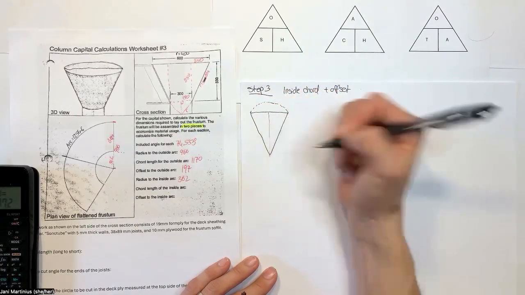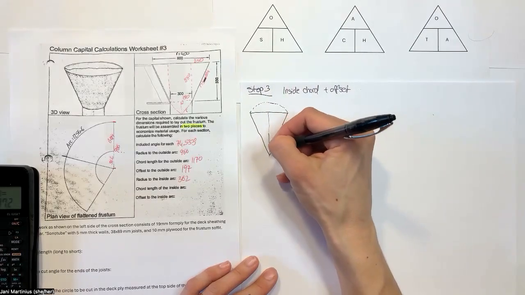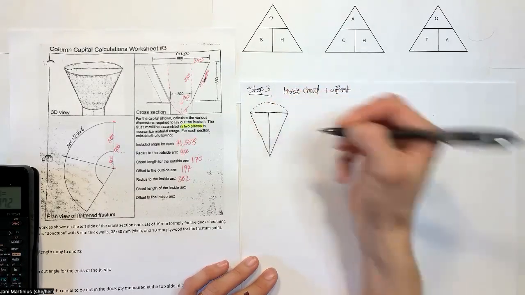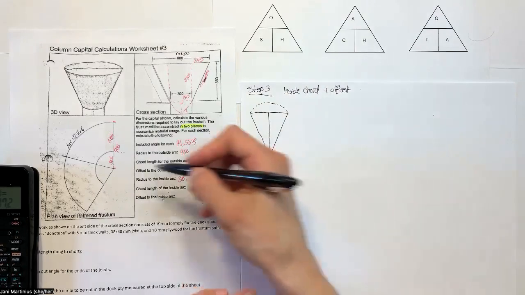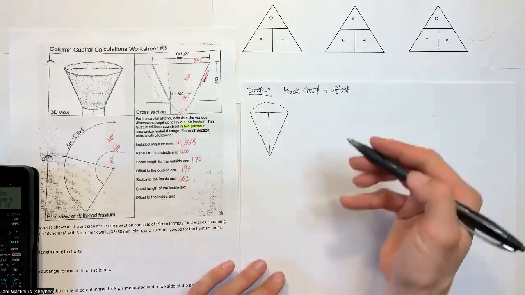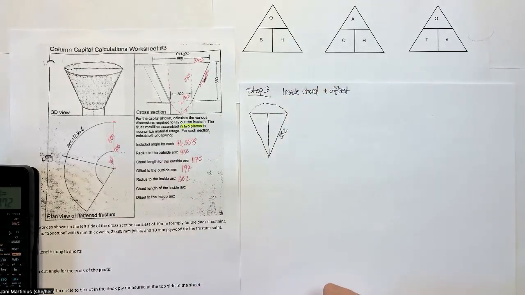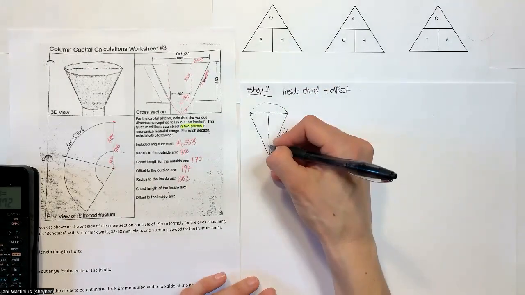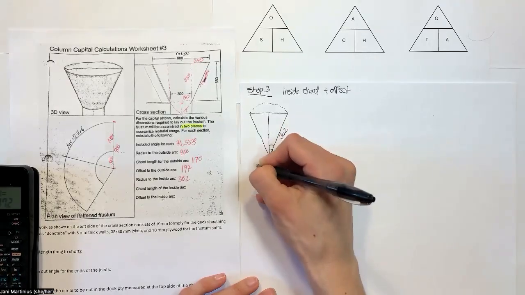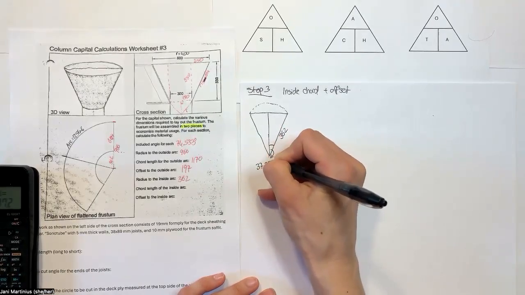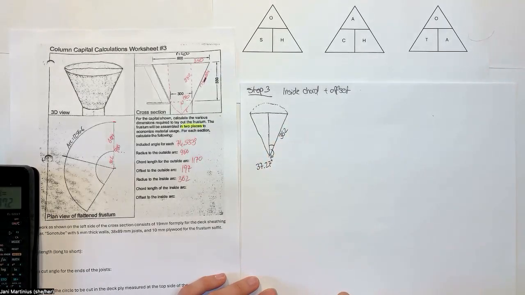Draw that in half. Now, just remember, we are looking for the inside, so we want to use our inside radius. That was the 362. We're still working with the same angle, though. That was the 37.27 degrees.